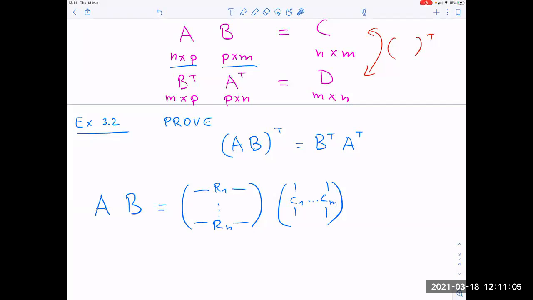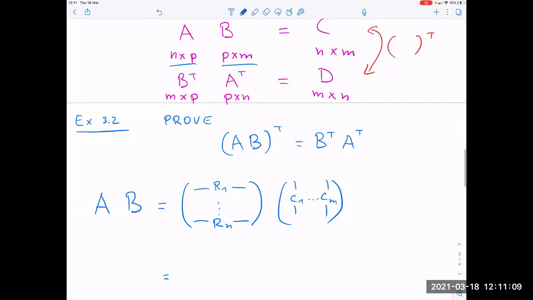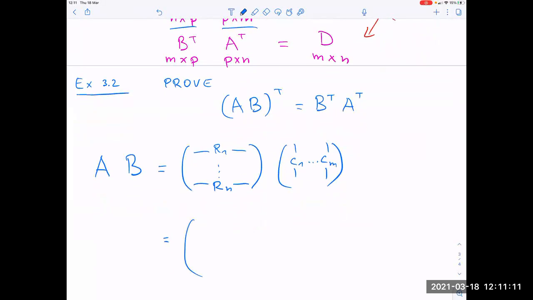So when I compute the product of this matrix, who's going to be in position 1, 1, for example? Can you tell me who's going to be the number in position 1, 1? R1, C1, yes.